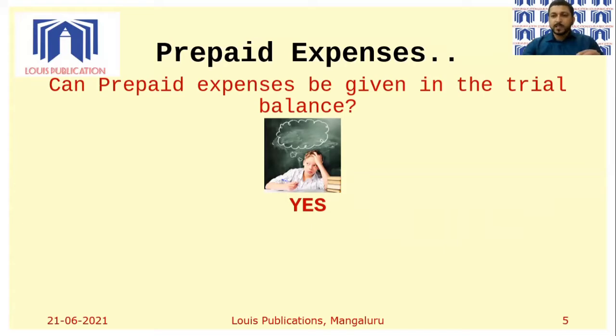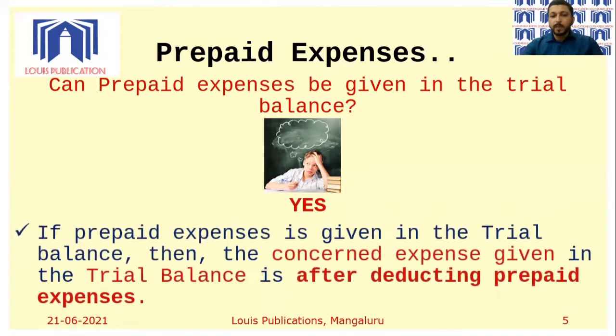The expense given in the trial balance is already adjusted with prepaid expenses, meaning the concerned expense given in the trial balance is after deducting prepaid expenses, meaning prepaid expenses have already been deducted from that concerned expense.